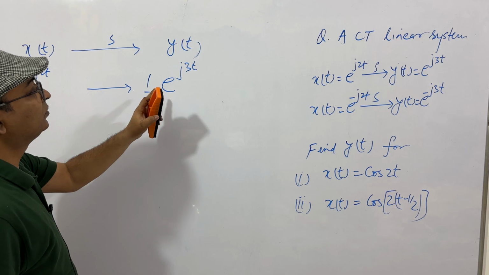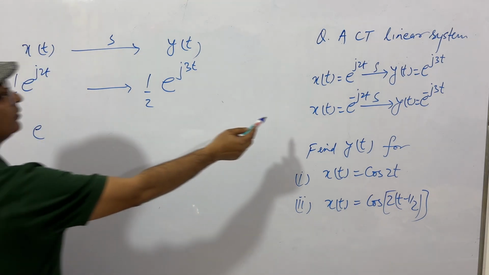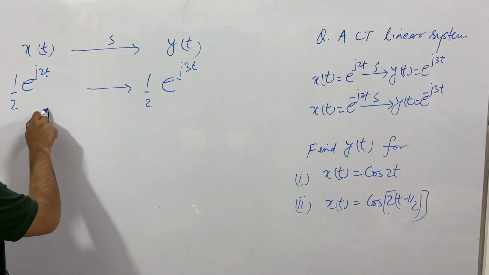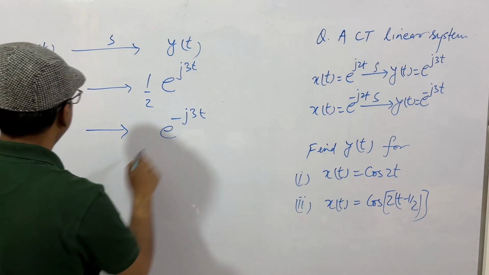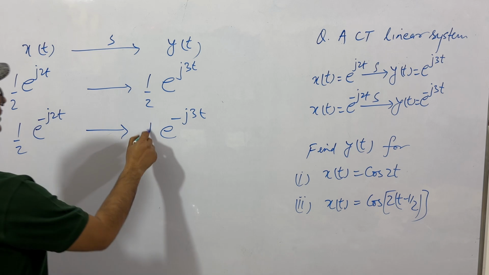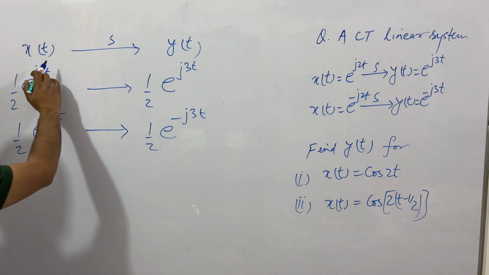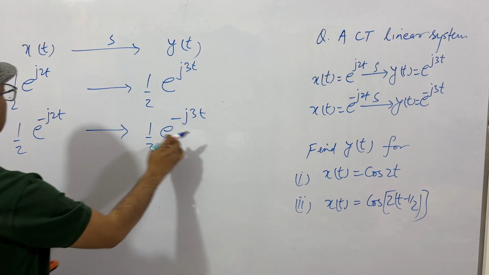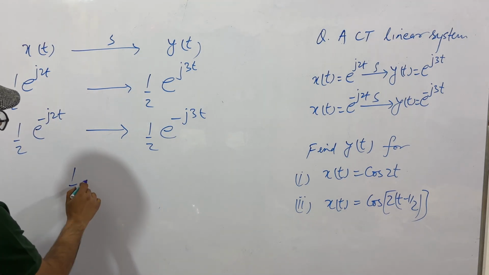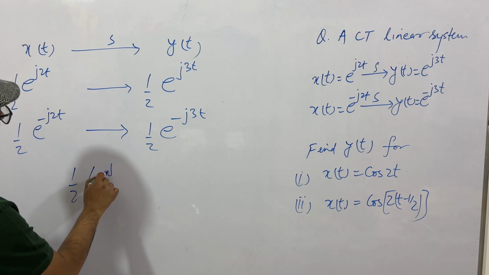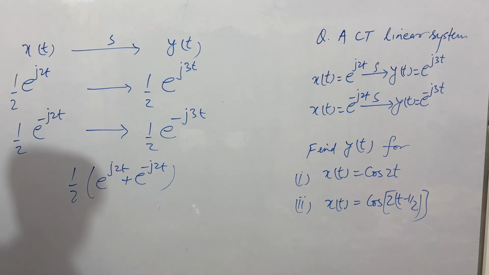Similarly, e^(-j2t) gives e^(-j3t). If you multiply it by half, this will be this. Now the additive property has to be there. So if you add these, the output will be this plus this. What is the value of the input? It is half e^(j2t) plus e^(-j2t).